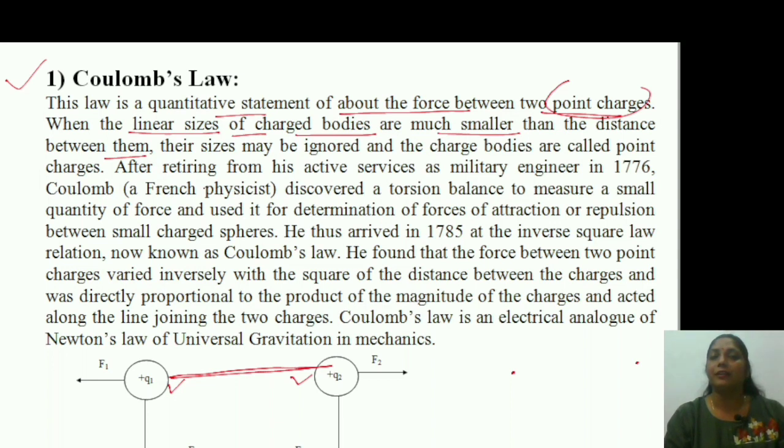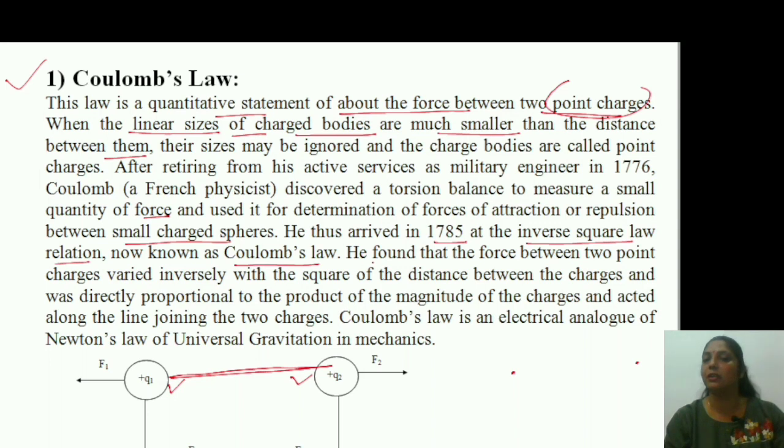After retiring from his active services as a military engineer in 1776, Coulomb, a French physicist, discovered a torsion balance to measure a small quantity of force and used it for determination of forces of attraction or repulsion between small charged spheres, right? He thus arrived in 1785 at the inverse square law relation, now known as Coulomb's law.